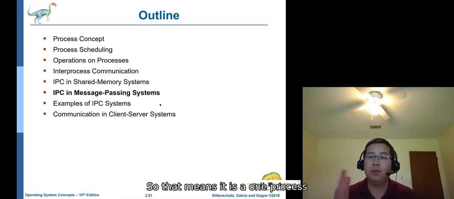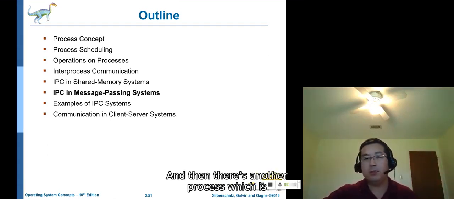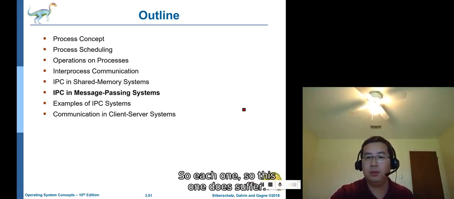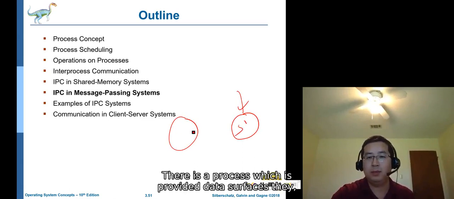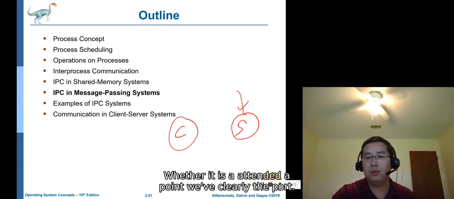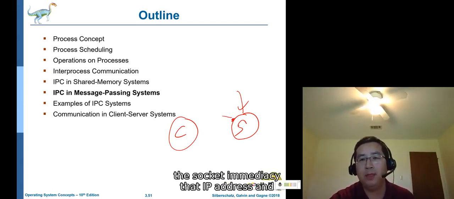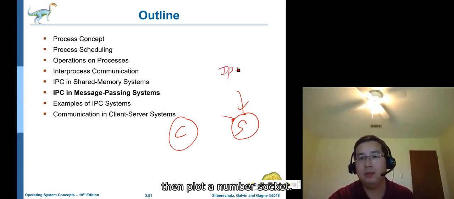That means there's one process running on the server, and another process running on the client. On the server, there's a process which provides data services. There's a process listening on a point, which we call a port. Based on the socket, it means an IP address and a port number.